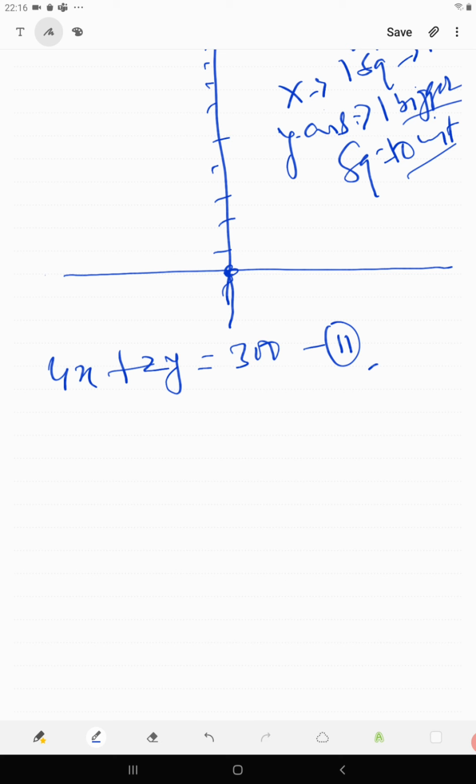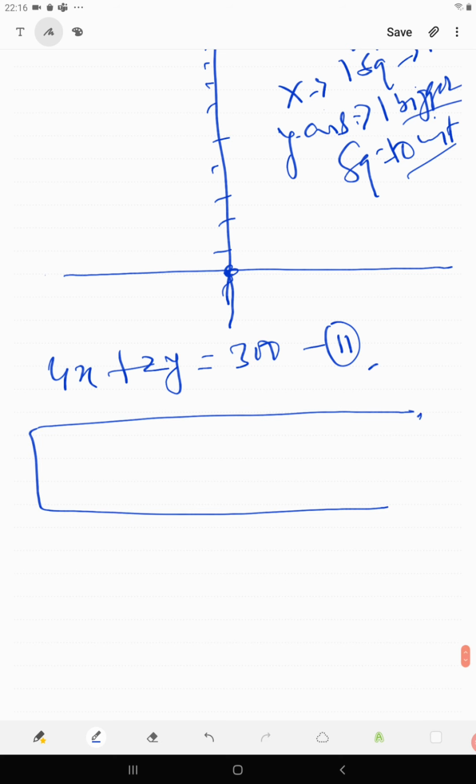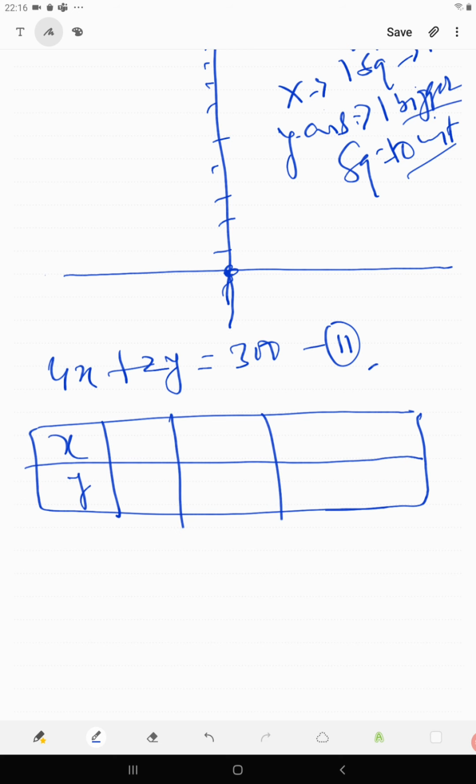So let's take the points for x, y. Let's take x equals to minus 5 again. Okay, so put x equals to minus 5 in equation 2.